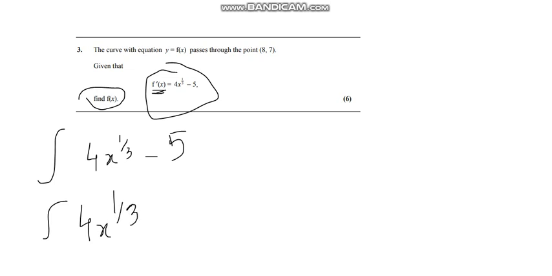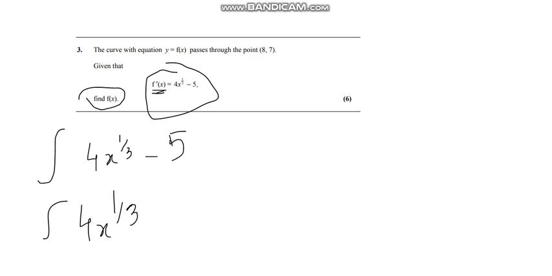So how to integrate 4x to the power 1 upon 3? Basically you add 1 to the power first. So 1 upon 3 plus 1 will be 4 upon 3. That's the power done. Now what?